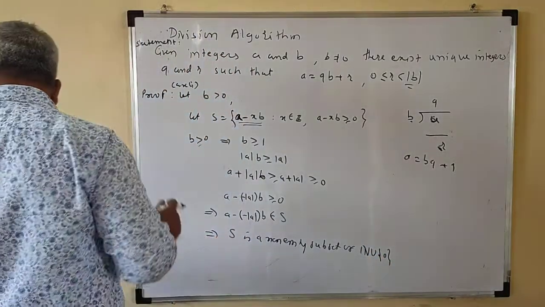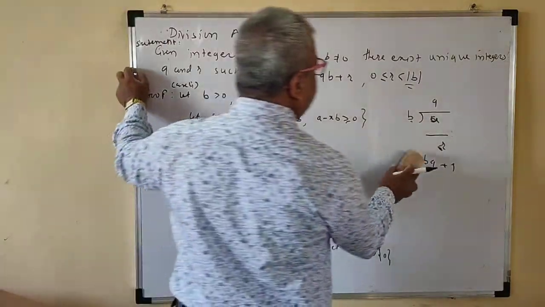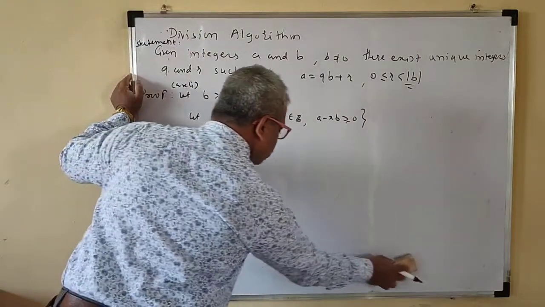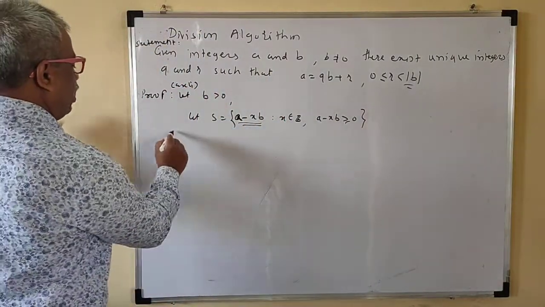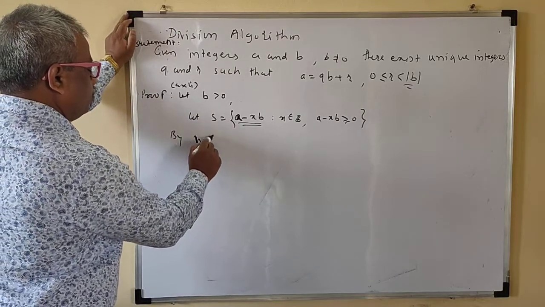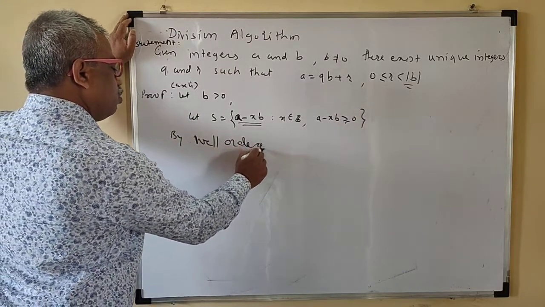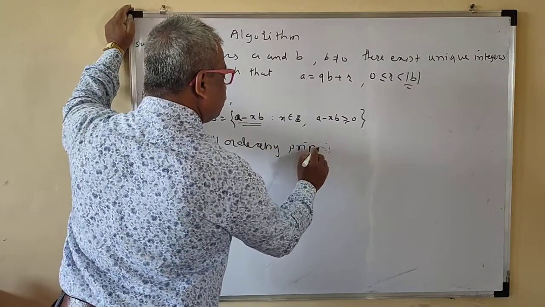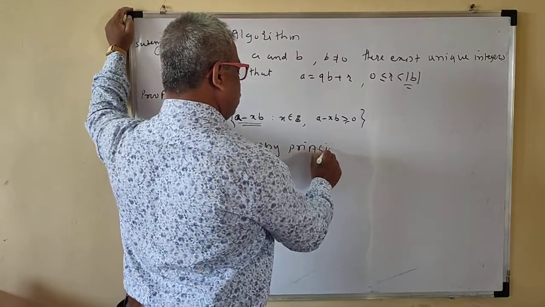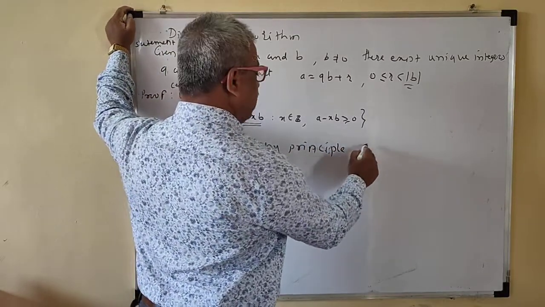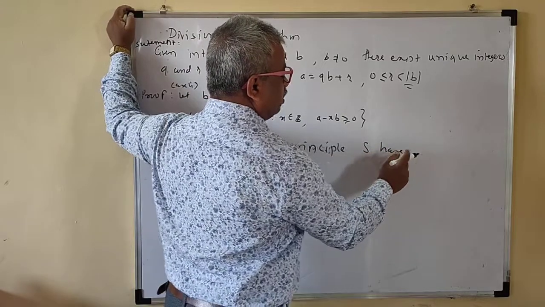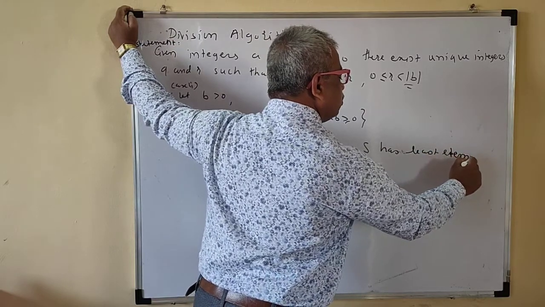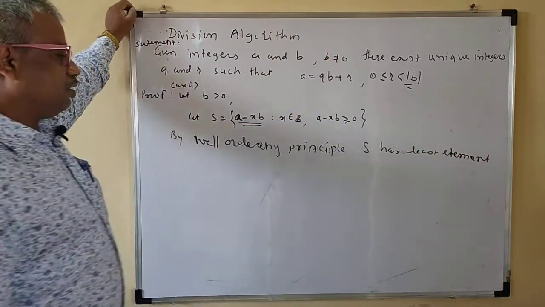So by the well ordering principle, S has a least element, the smallest element.